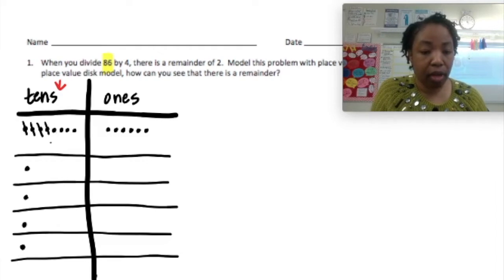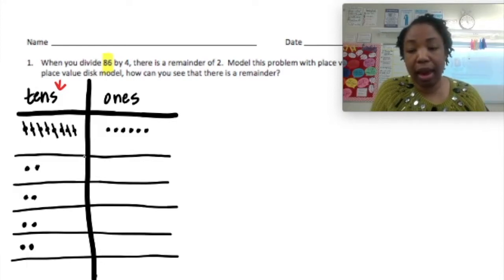Now I have another group of 4, so I can do that again, crossing out 4 and putting an additional 1 in every group. So I have 2 tens in every group. And each group has 2 tens. And I have no remaining. So I'm going to move on to the ones column now.